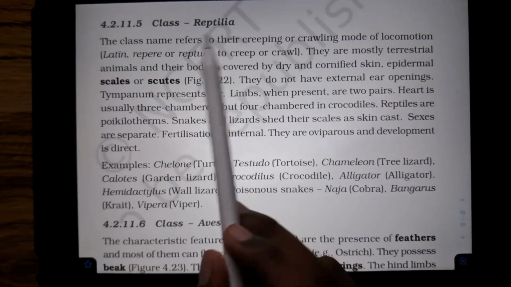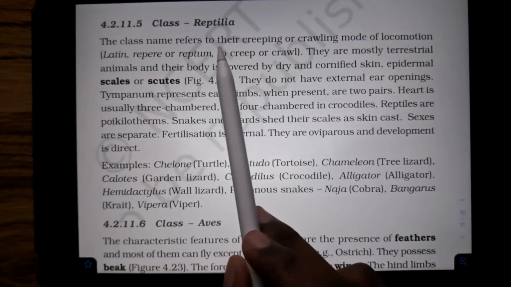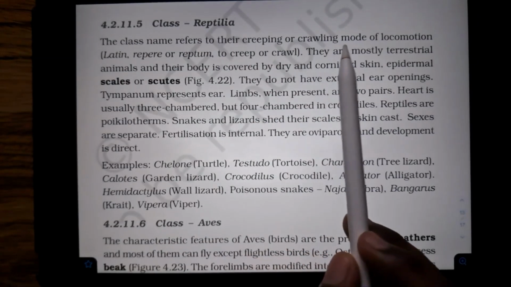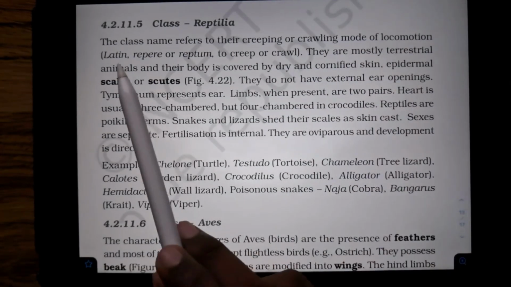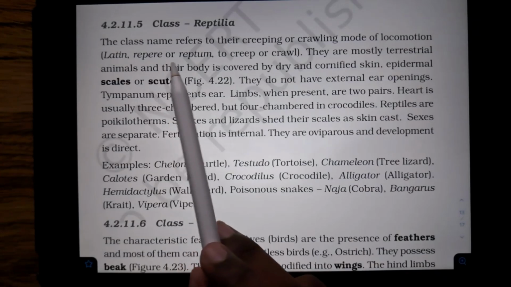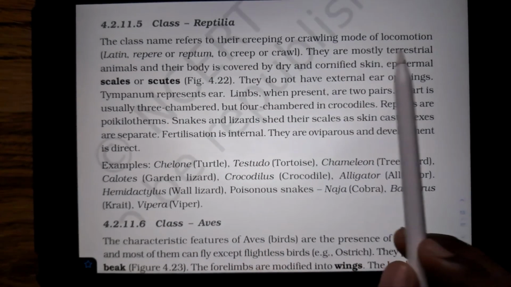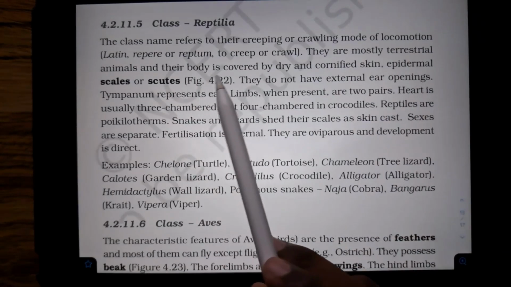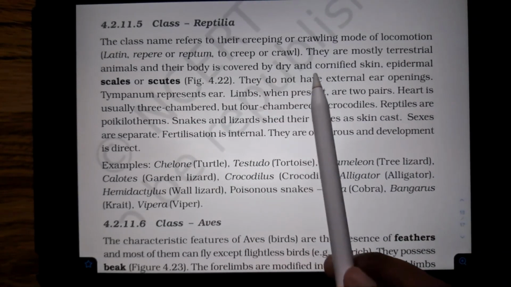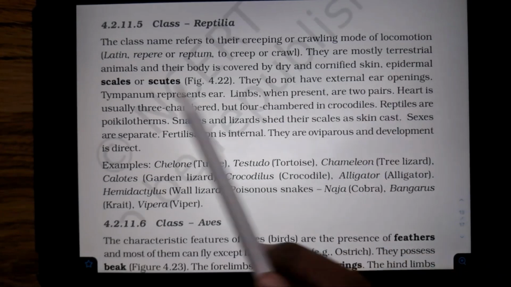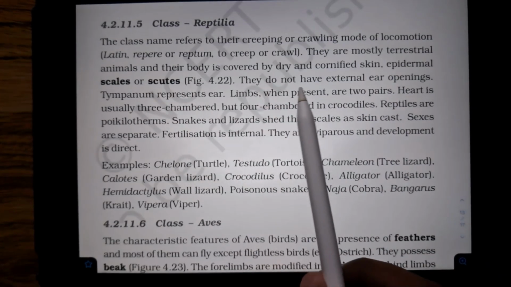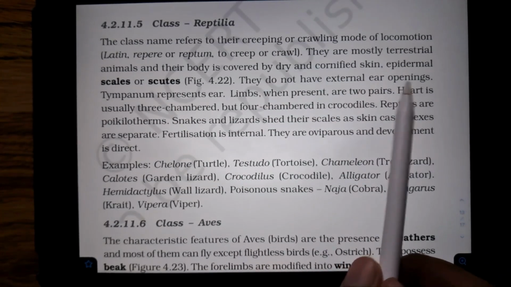Class Reptilia. The class name refers to the creeping or crawling mode of locomotion. Latin repere or reptum means to creep or crawl. They are mostly terrestrial animals. Their body is covered by dry and cornified skin. Epidermal scales are scutes. They do not have any external ear opening.